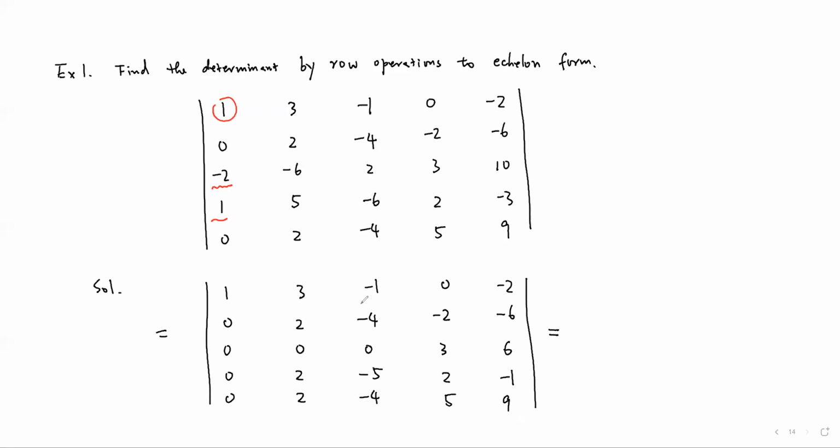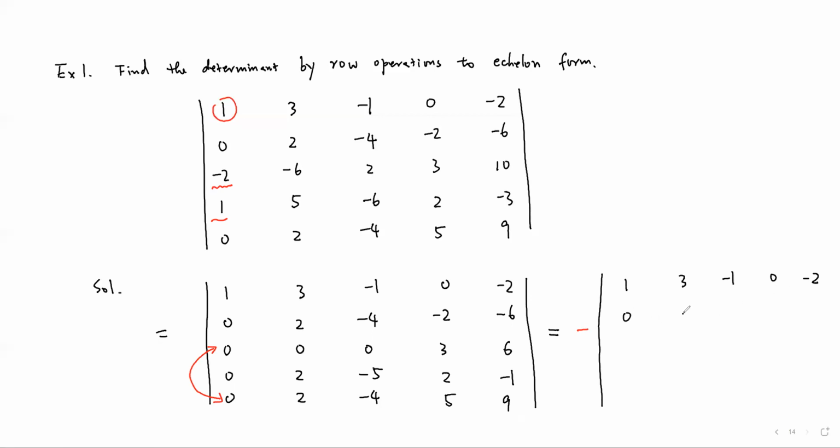Now I want to transform this matrix into an upper triangular matrix. Now let me switch row 5 and row 3. When we do a switch, an interchange, don't forget to add a minus sign. Minus determinant 1, 3, -1, 0, 2.